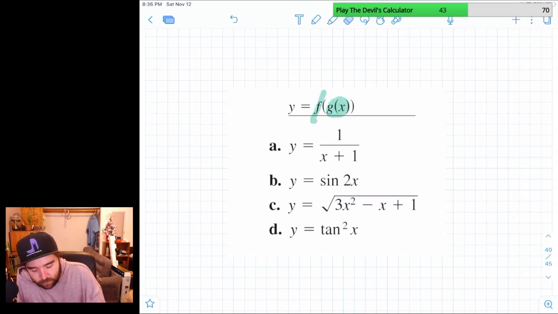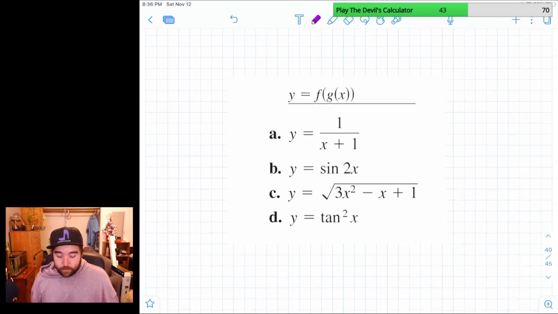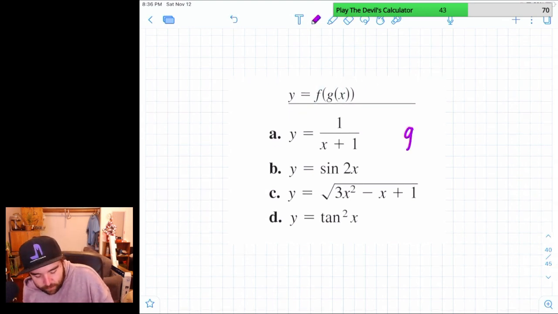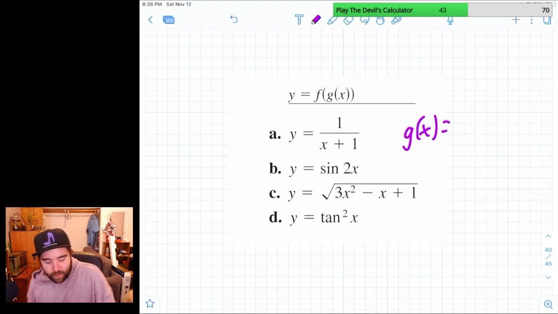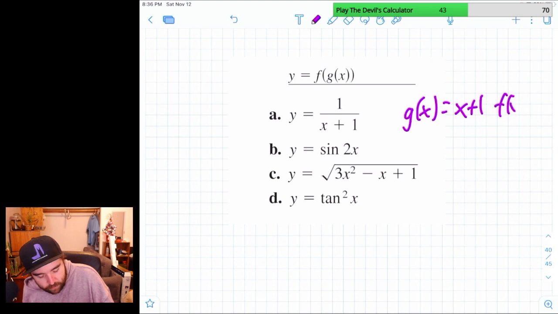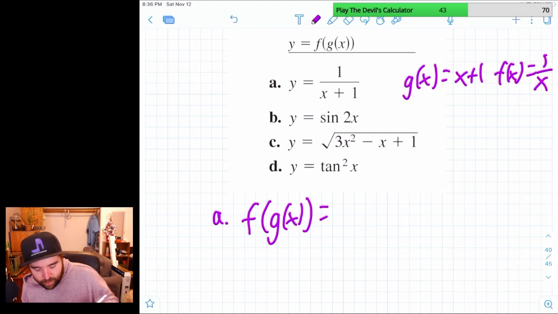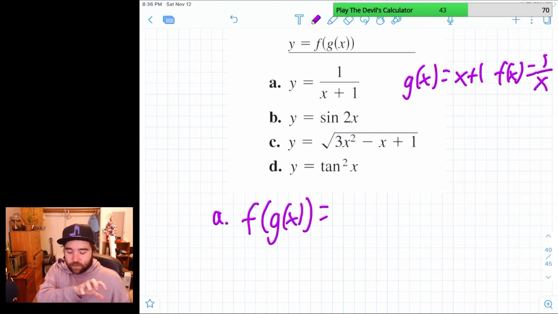So to start with A, our inside function is going to be x plus 1 and our outside function is going to be 1 over x. You can see how the idea then is if we found f of g of x, well, that means we're taking the g of x function and we're putting it into the f function.